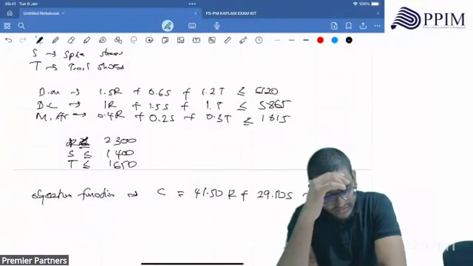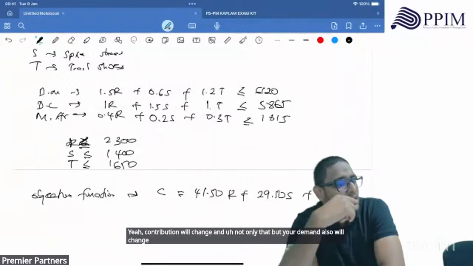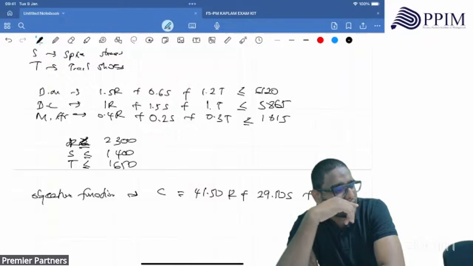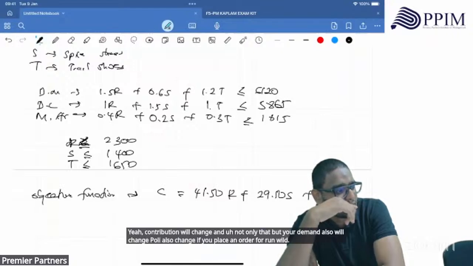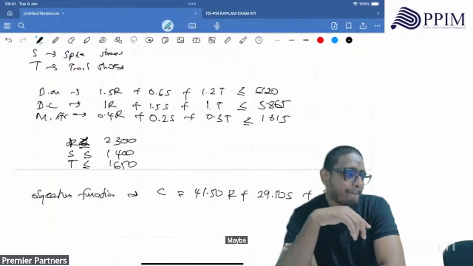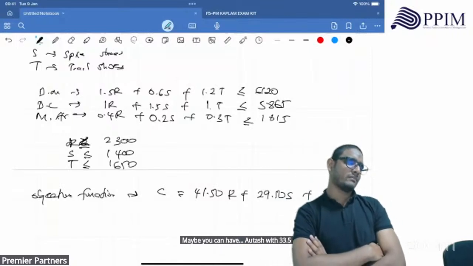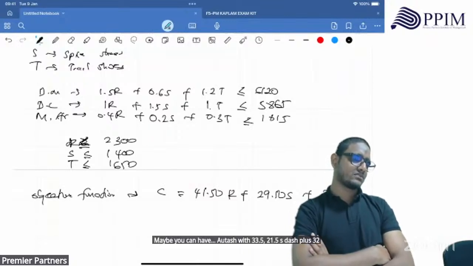The objective function, sir, because the contribution will change, right? Yeah, contribution will change, and not only that, but your demand also will change. How will your answer change if you place an order for Runwhile? Maybe you can have R dash with 33.5, 21.5 S dash plus 32 T dash added to it.